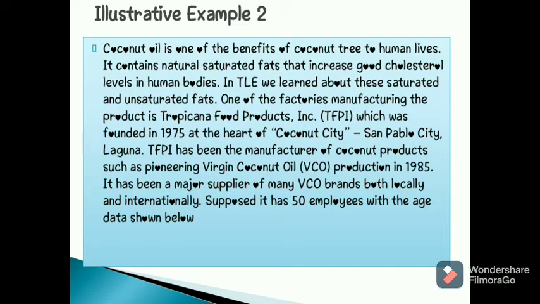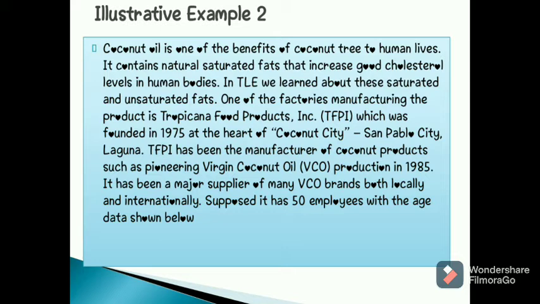Illustrative example number 2. Coconut oil is one of the benefits of the coconut tree to human lives. It contains natural saturated fats that increase good cholesterol levels in human bodies. In TLE, we learn about these saturated and unsaturated fats. One of the factories manufacturing the products is Tropicana Food Products Incorporated, or TFPI, which was founded in 1975 at the heart of Coconut City, San Pablo City, Laguna.